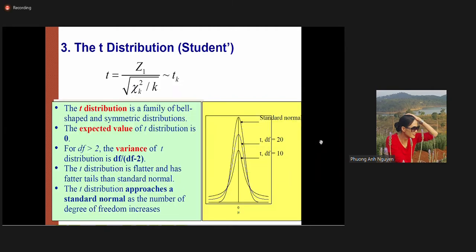Next, how to define a t random variable, also called the Student distribution.